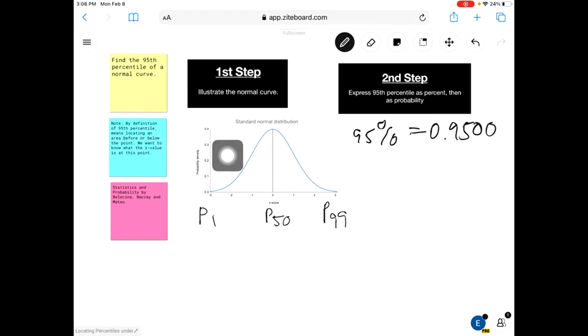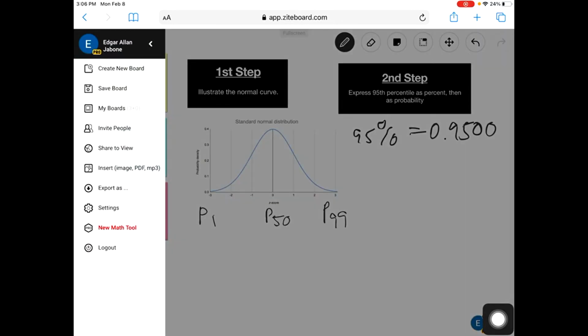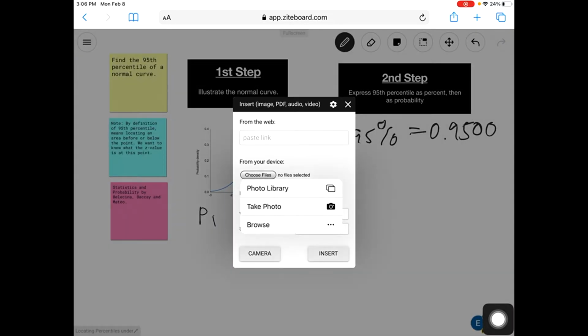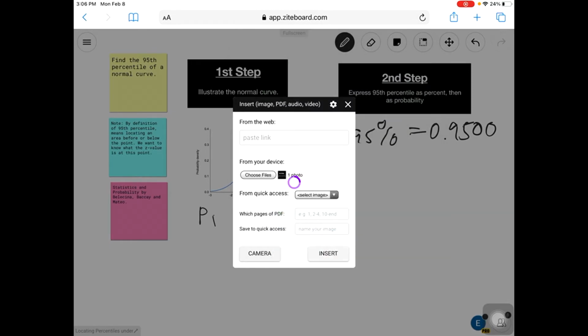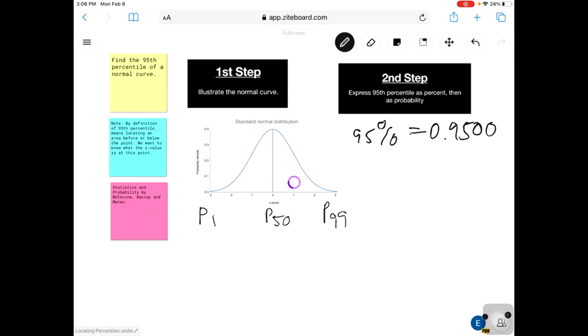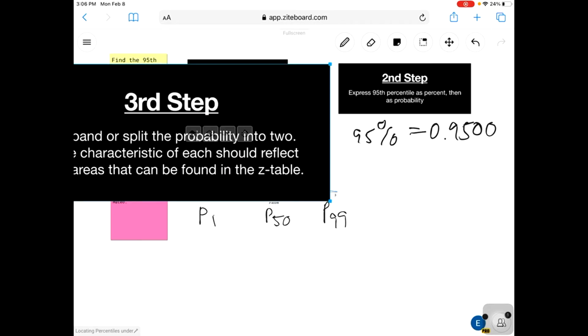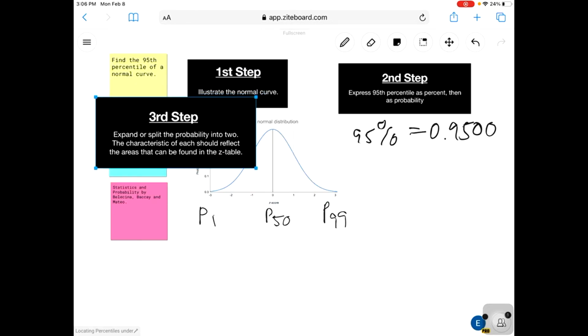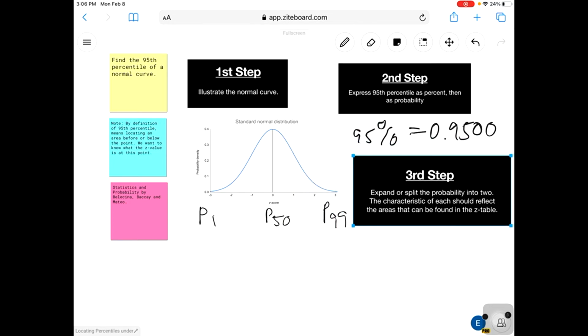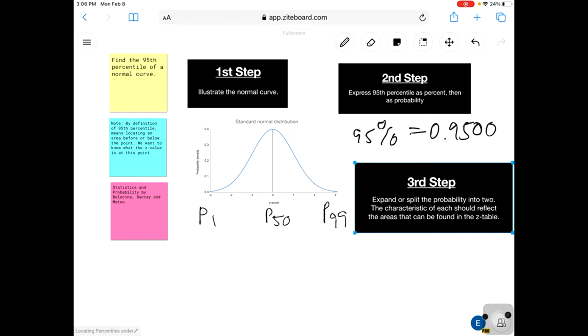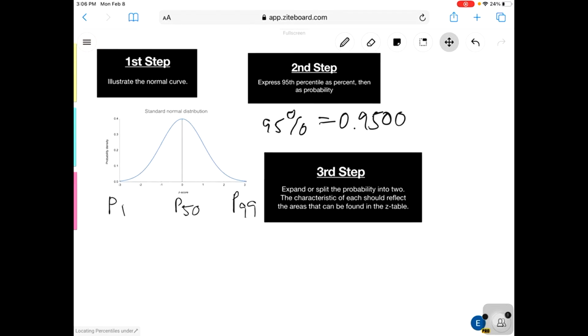Then step 3 is to expand or split the probability into 2, and the characteristics of each should reflect the areas found in the normal curve.